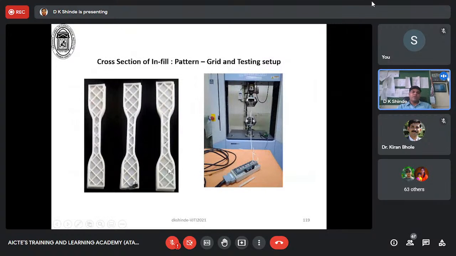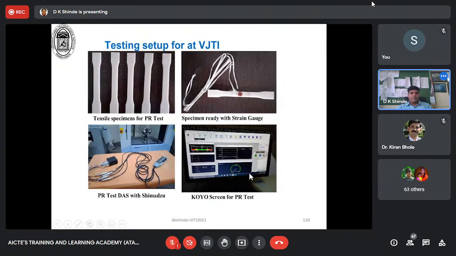This is how the specimen looked, with the cross section of the infill pattern with grid, and it was tested using our available data acquisition system, and we did the full characterization for Poisson's ratio and Young's modulus so as to do further analysis in the APM if these properties are required.